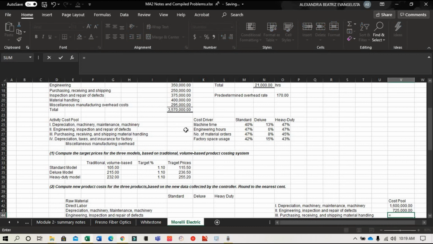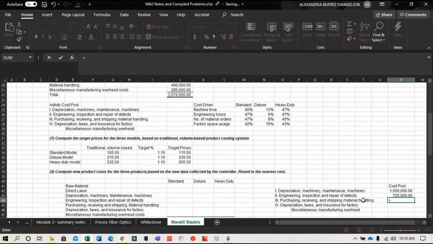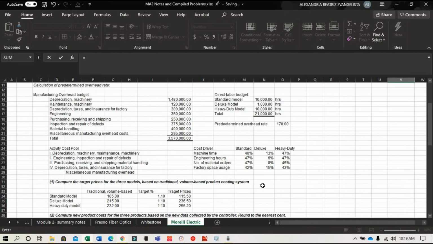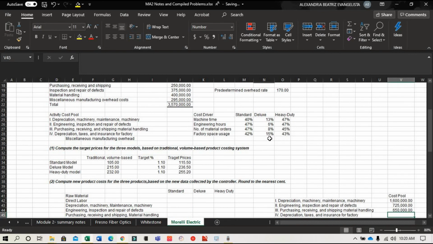And for the third activity cost pool, that is purchasing, receiving, and shipping, material handling. So the numbers are 250,000 plus materials handling of 400,000, and that would give us 650.